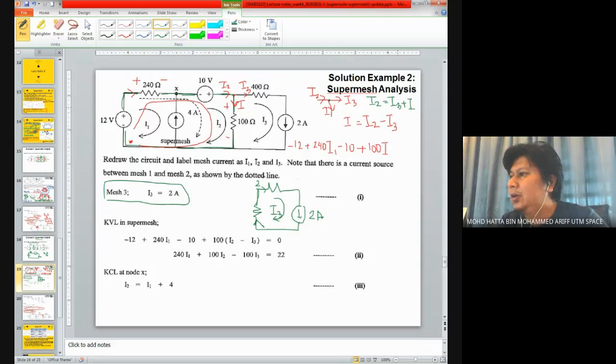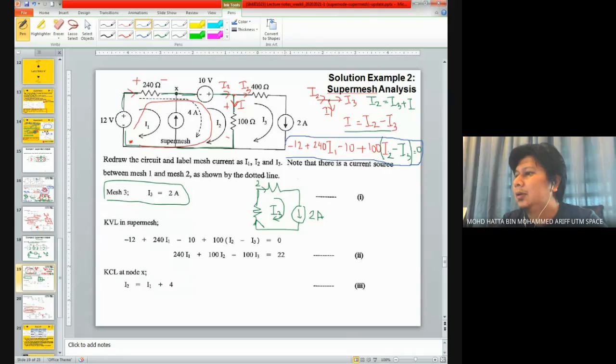When I put this I3 towards the left hand side, I get I equals I2 minus I3. So this 100 should be times I2 minus I3, and around the loop, back to my original place where I start, equals 0.